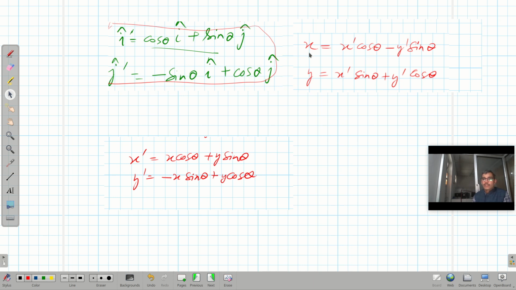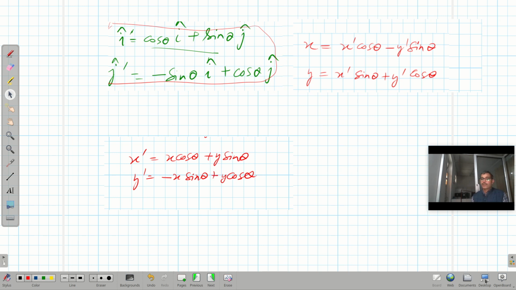This is for Cartesian coordinates in the stationary frame of reference, written in terms of the Cartesian coordinates in the rotating frame of reference, that is rotated about the z-axis. And this is from the rotated frame of reference coordinates, which can be calculated in terms of stationary frame of reference Cartesian coordinates. So these are the three very important results which we have to remember.